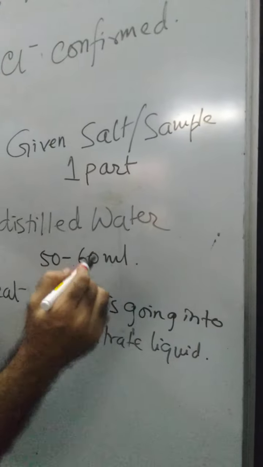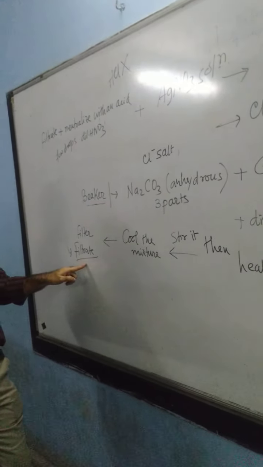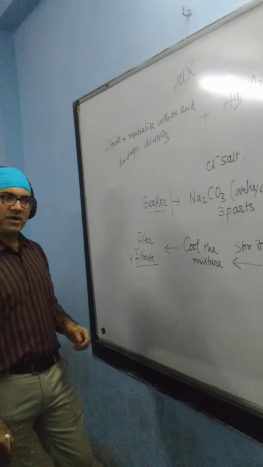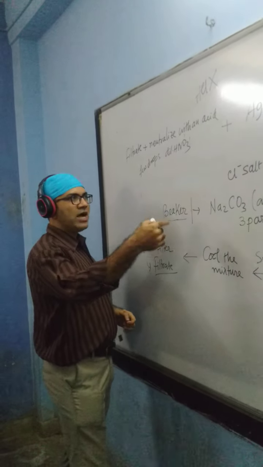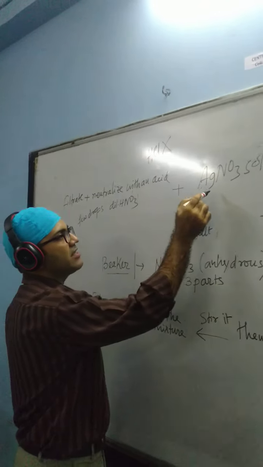For this reason we are not throwing away the filtrate, because the anions are transferred into the liquid part. Now, once we have taken this filtrate and neutralized it with acid, we add silver nitrate.